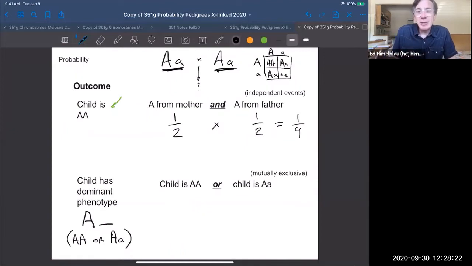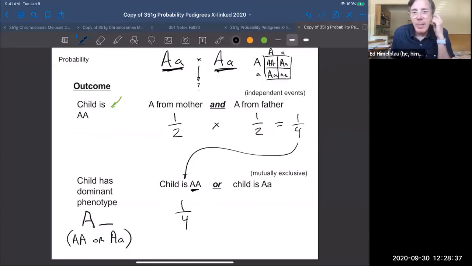So again, you can look at the Punnett square and you already know the answer, but we can figure it out using probability rules too. So with the parents being heterozygous, the chance of the child being homozygous dominant is 1/4. We just figured that out up here. Or the child could be heterozygous. And again, looking at our Punnett square up there, we see that that's half of the chances.